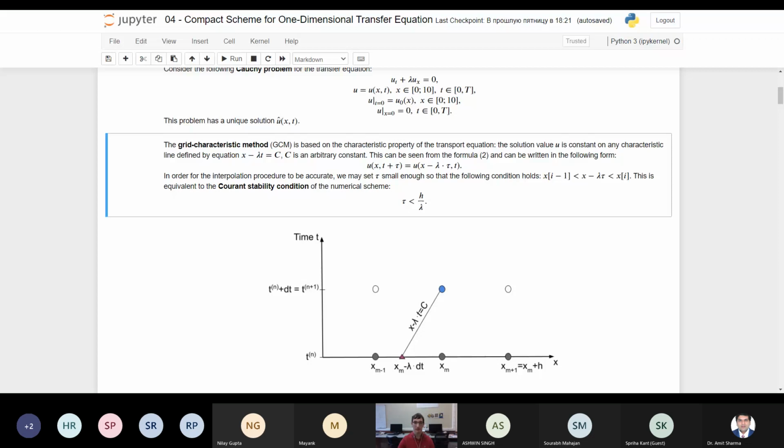So for this simple equation, the characteristic curve is linear. We have an infinite number of characteristic curves, which can be parameterized by the constant c. And on each curve, the value is constant.